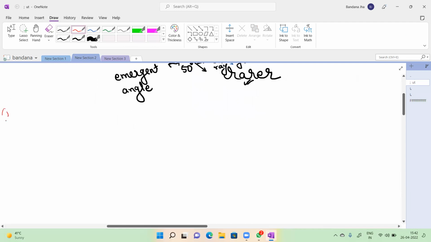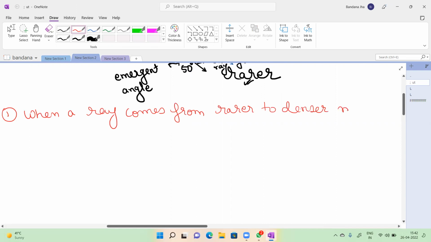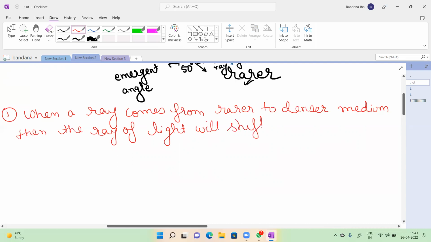Now, first rule. When a ray of light comes from a rarer to a denser medium, then the ray of light will shift towards the normal.